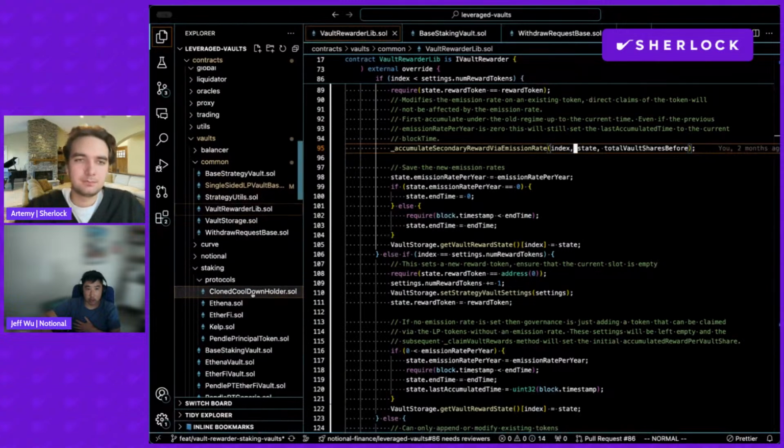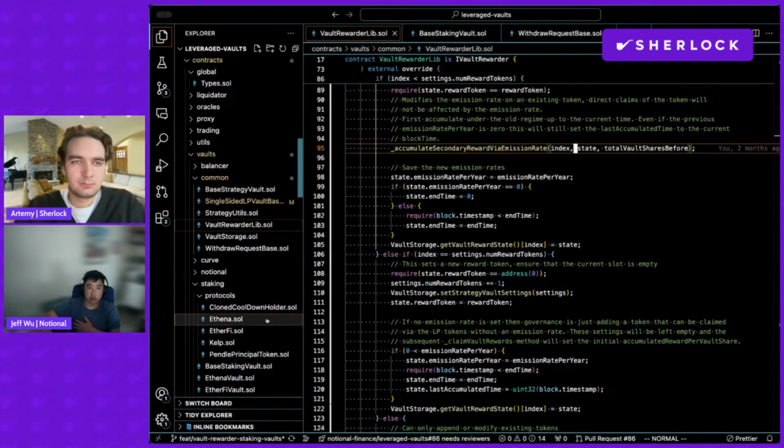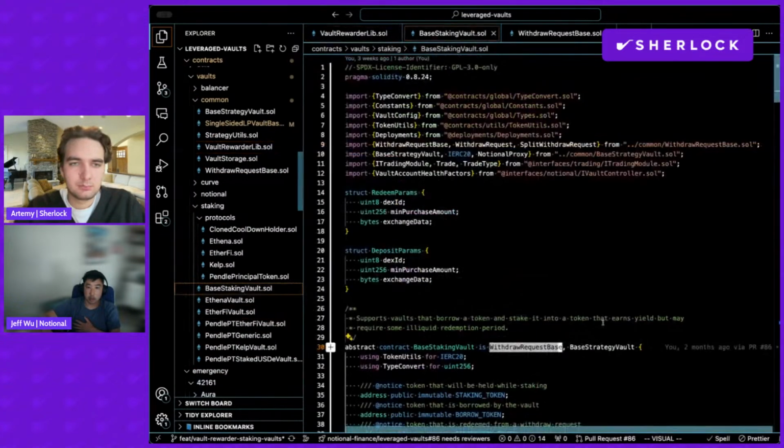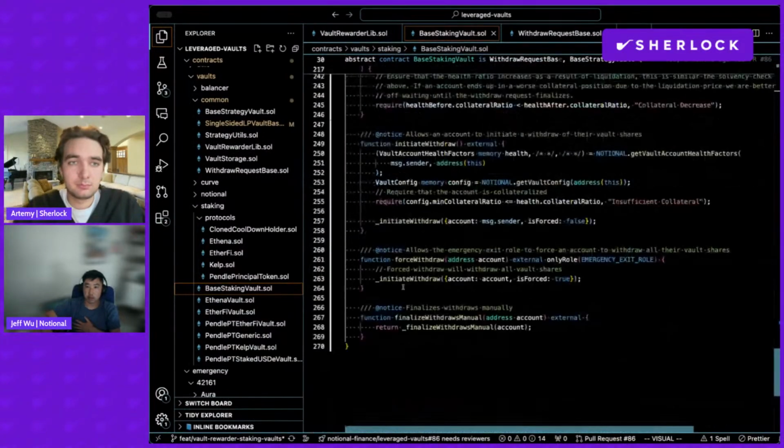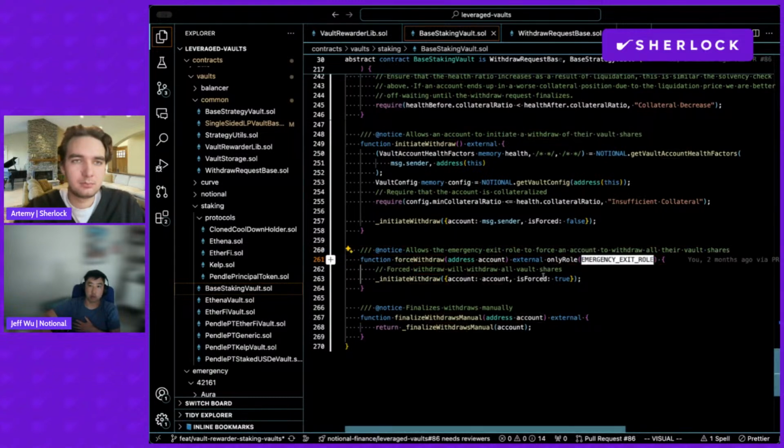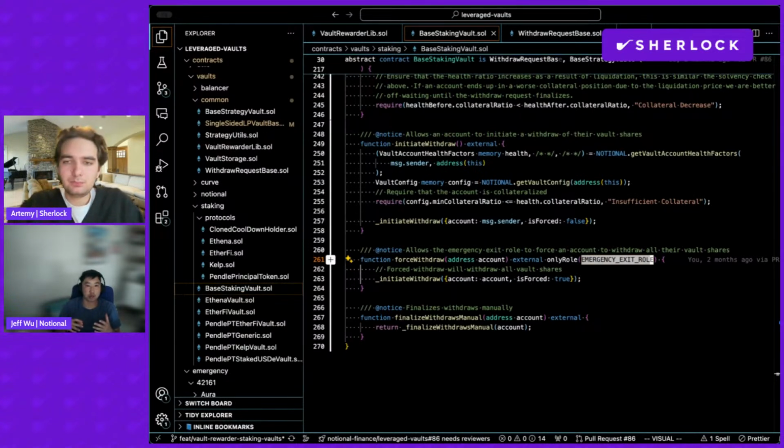For the force withdraw, there are no on-chain checks here. It's a lot broader in terms of the restriction. It's only that this particular role is enabled, so that the account only has this role. I think it's the emergency exit role, and there are all kinds of weird ways that we could want to put someone into this withdraw queue.